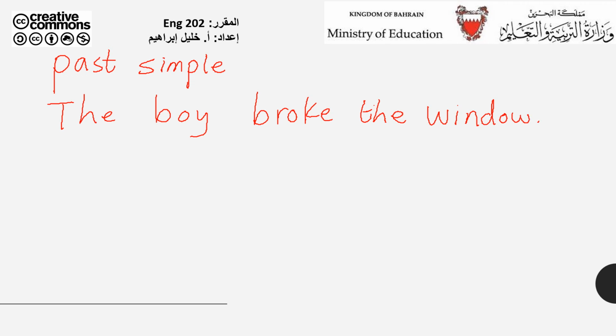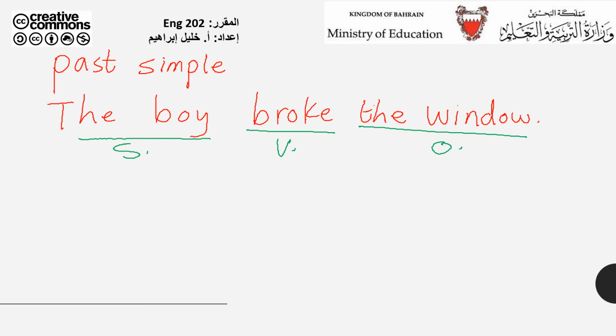Do we know the subject of the sentence? Yes, it is the boy. So the boy is the subject, and broke is the verb, and the window is the object. So this sentence is an active sentence, since we have the subject at the very beginning of the sentence. Now we need to change this sentence into passive.